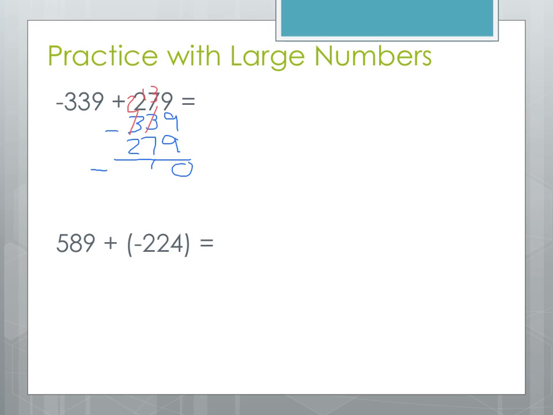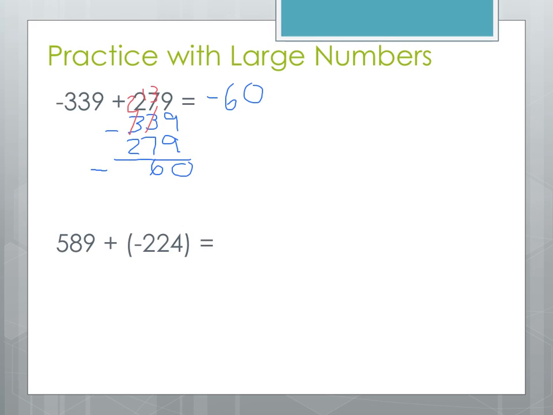That's going to be 6. And then we move over into subtracting in the hundreds place, and 2 minus 2 is 0. But we don't have to write the 0 in there. It's just going to be implied since that's the last digit. So the answer to this first problem is going to be negative 60.